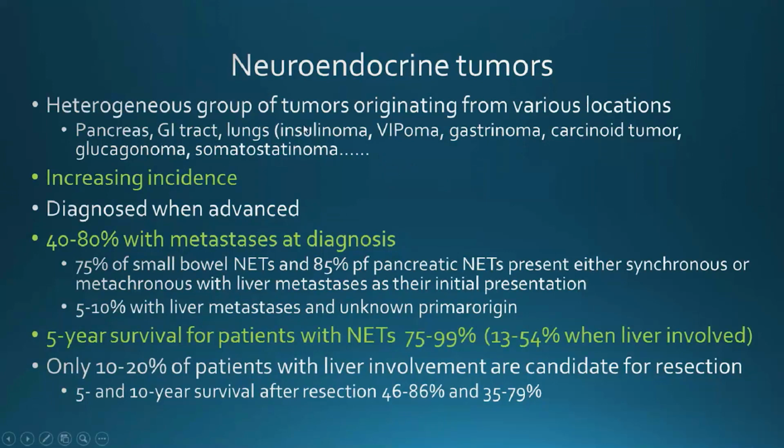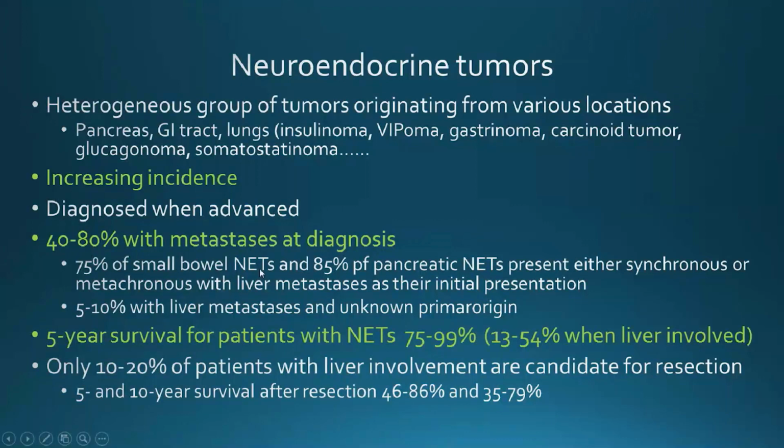So there are a lot of tumors that can come out in the intestine or around the pancreas and metastasize to the liver. Usually they are diagnosed when they are advanced, and most of the time 40 to 80% have metastasis at diagnosis.